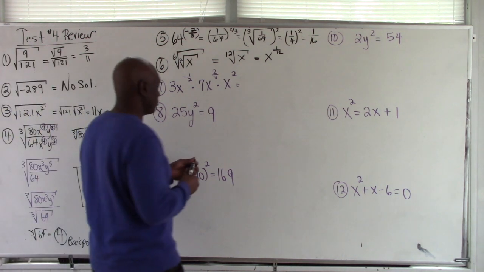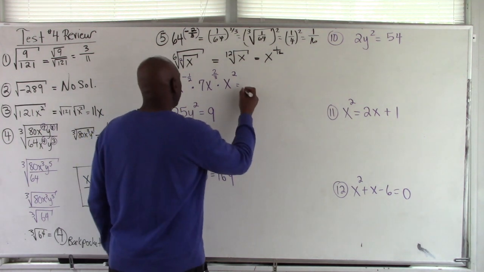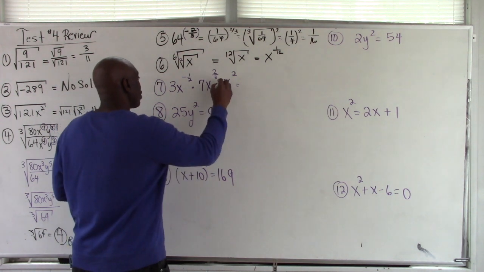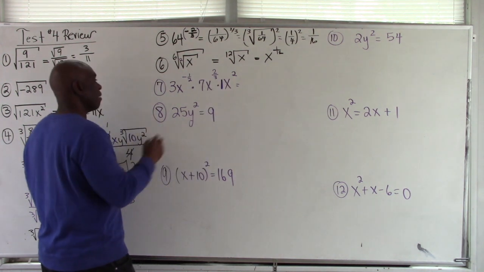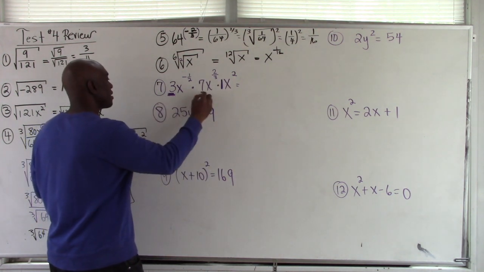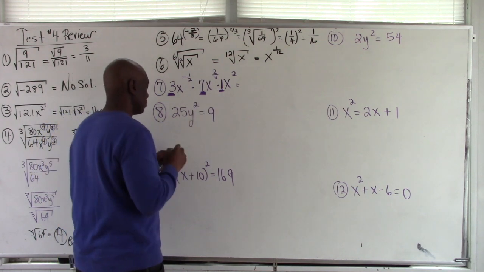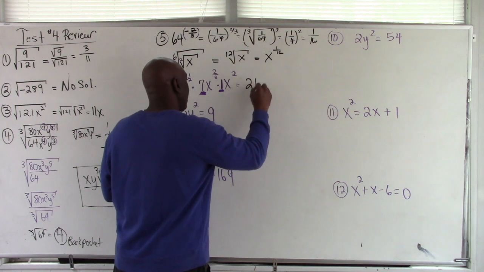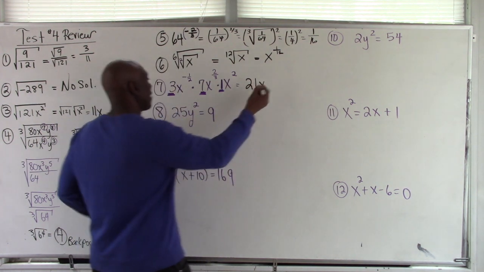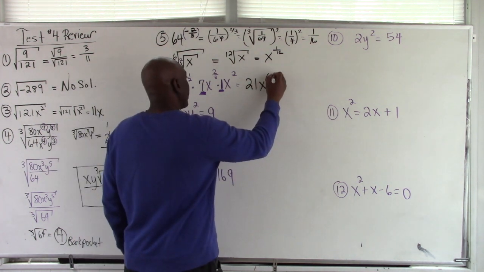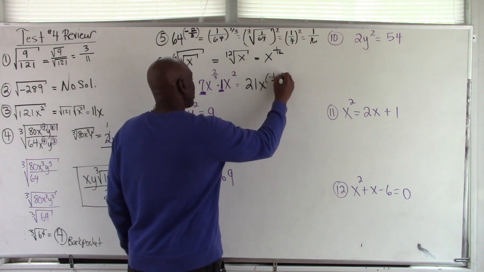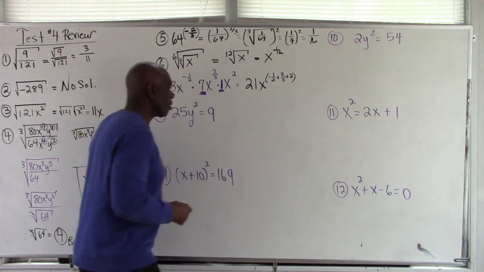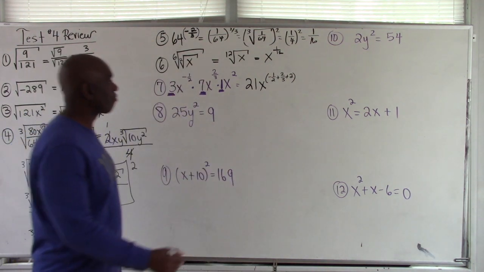All right. What do we get here? Well, you take our coefficients and you multiply them. So it's going to be 3 times 7 times 1, which is 21. x to the power of, now add this up, negative 1/2 plus 2/3 plus 2. What is that going to give us?